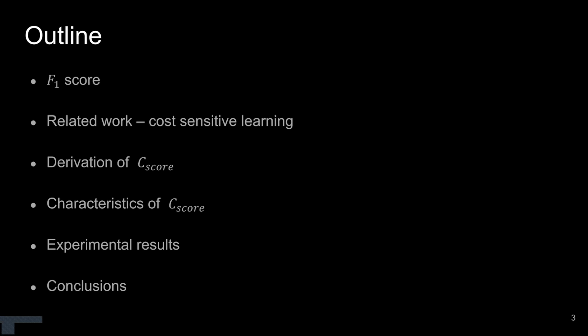Then I'll talk about Cscore, the cost score, which is a new score that we introduced to replace F1 score. I'll cover some of its characteristics, and then experimental results. We experiment with 5 different data sets and compare F1 score with Cscore, and then finally the conclusions.